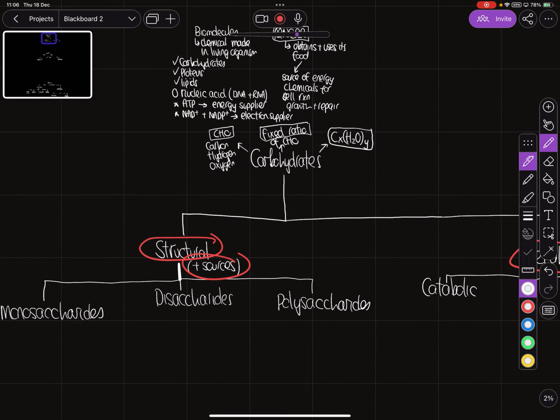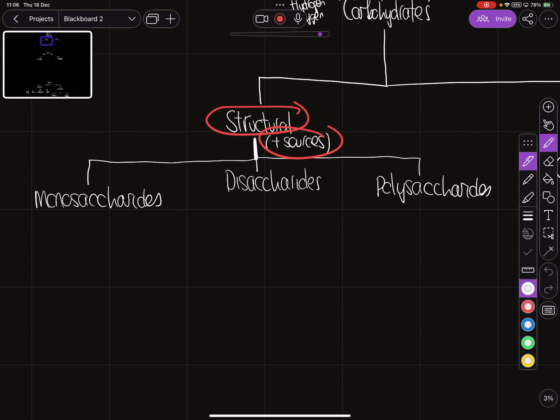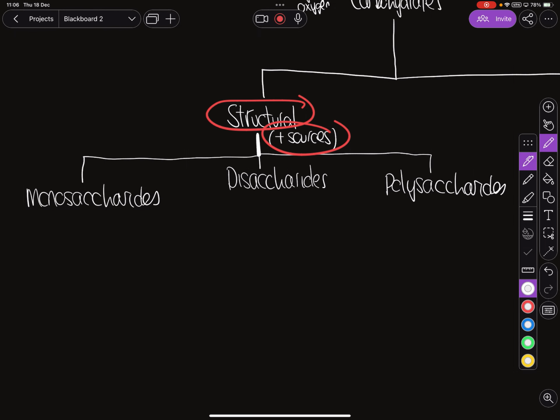Now, in terms of our structural information on carbohydrates, we have 3 families of them, and you need to have a little definition for each of them. So it's mono, di, and poly. These come from Latin, and mono just means 1 sugar unit.